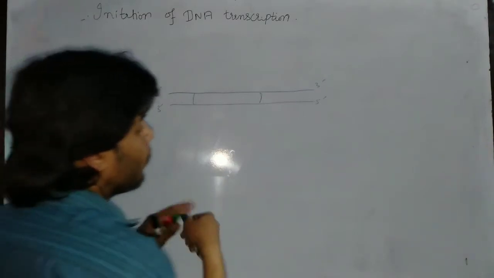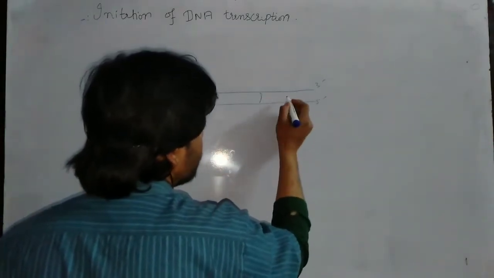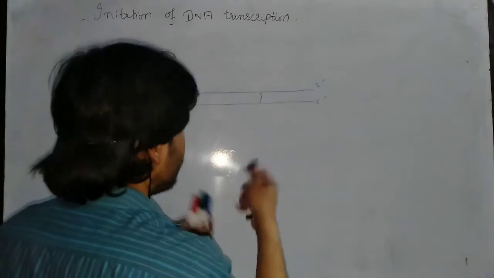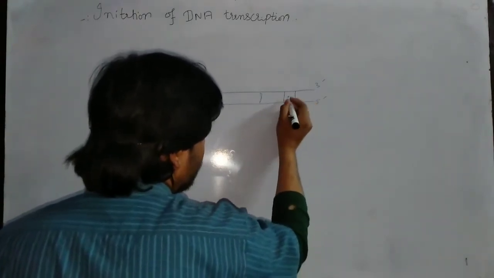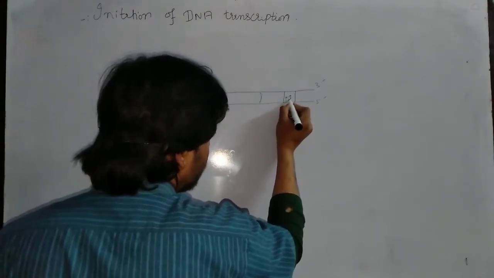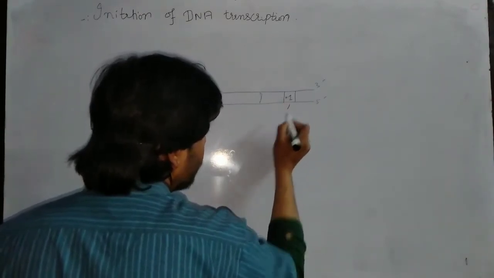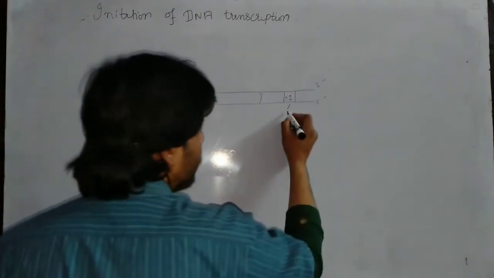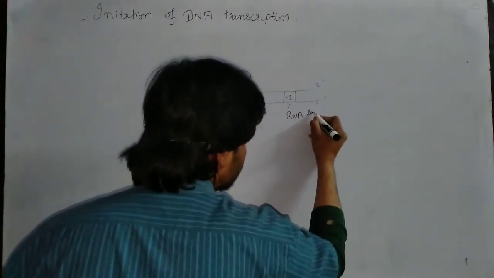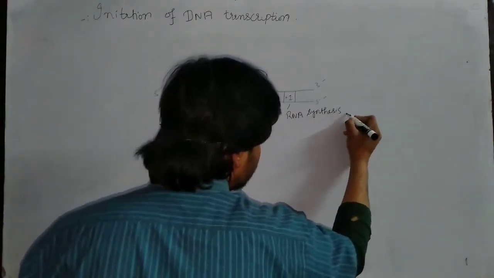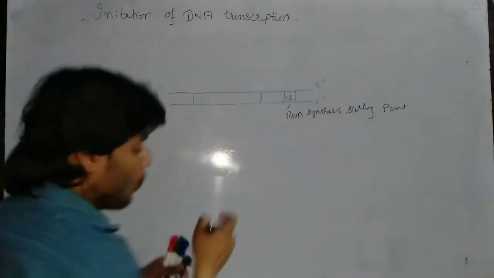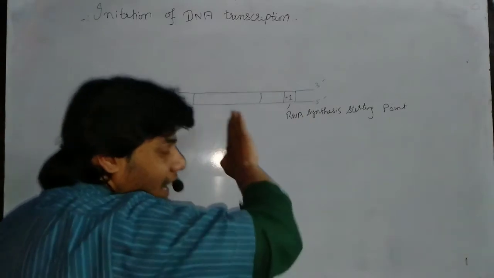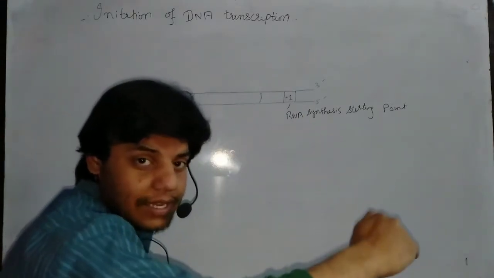After the promoter region, there is the +1 position, which we call the RNA starting point. From there the RNA is synthesized.